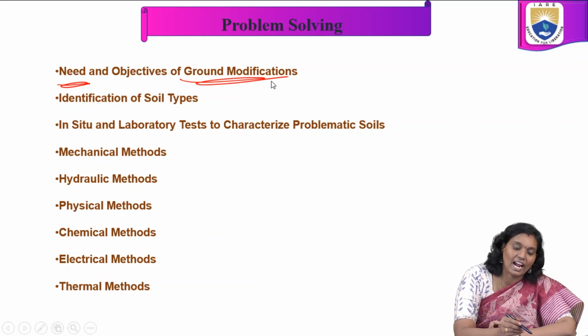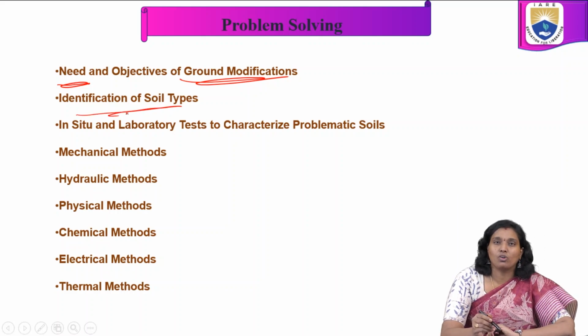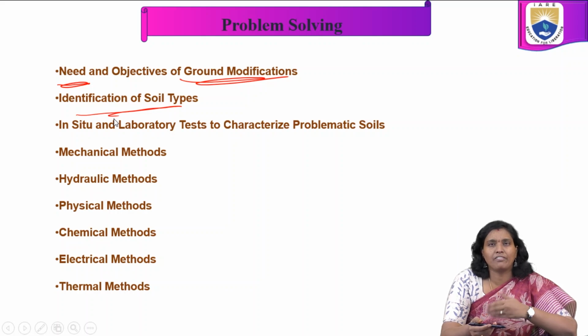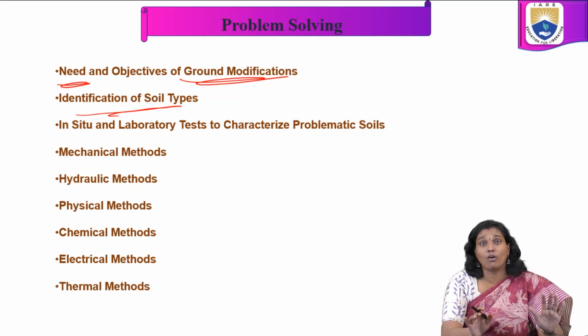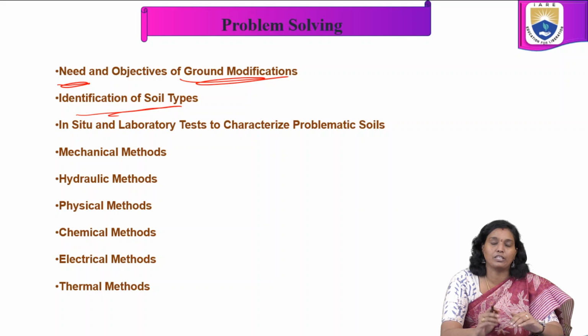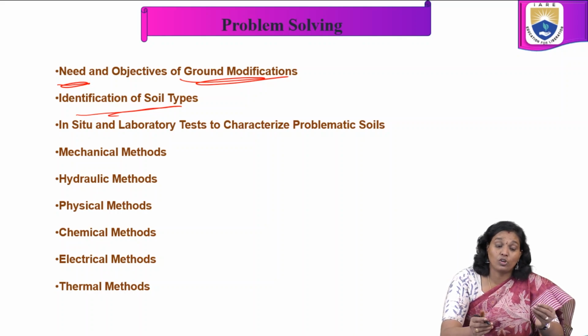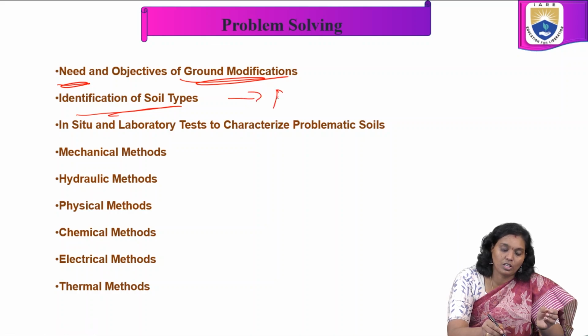The next thing is identification of soil types. How do we identify the soil types? It depends on the tests for understanding and on the properties. So basically, based on the properties, we are going to understand all these things.